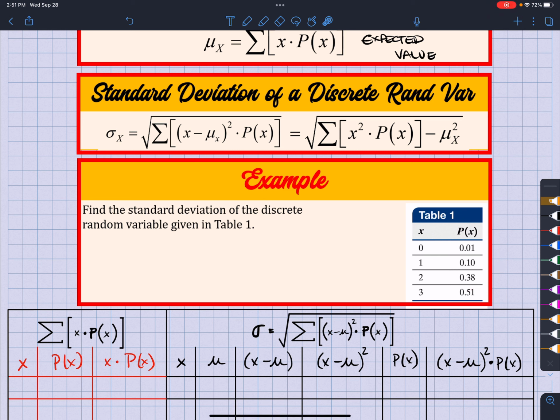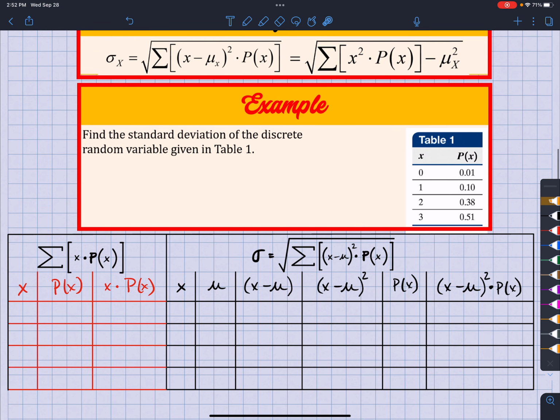So the first thing I've got to do is add these up. These all are between 0 and 1, so that's good. Let me see here. I got 0.01 plus 0.1 plus 0.38 plus 0.51. Yep, that is equal to 1. So this is a discrete probability distribution. That's good.